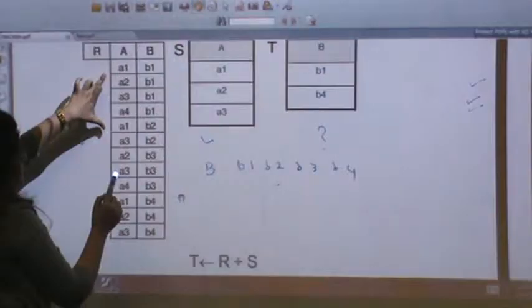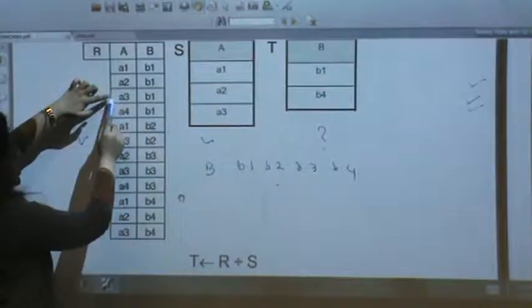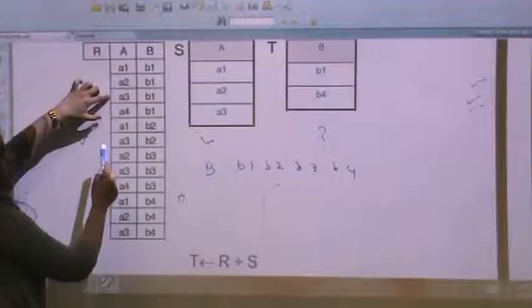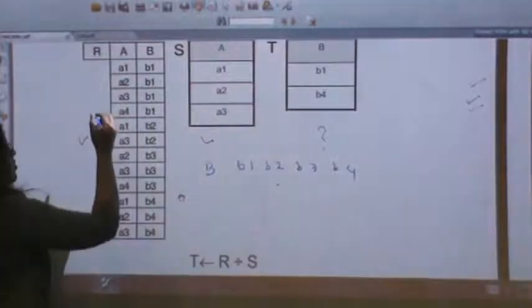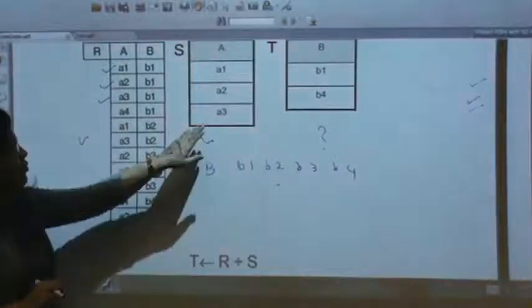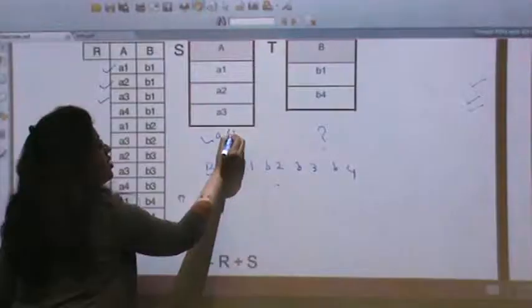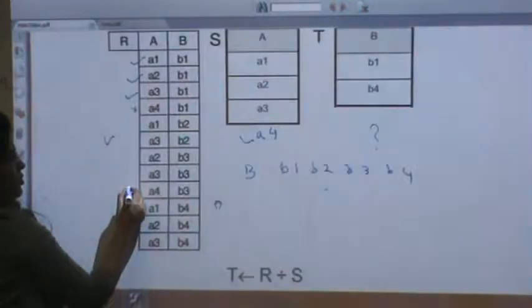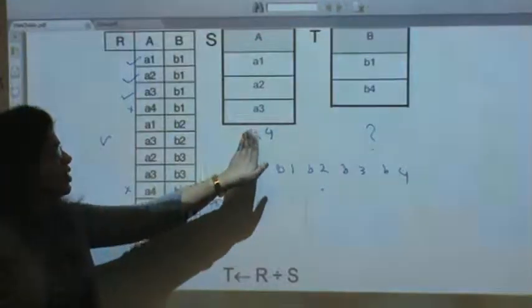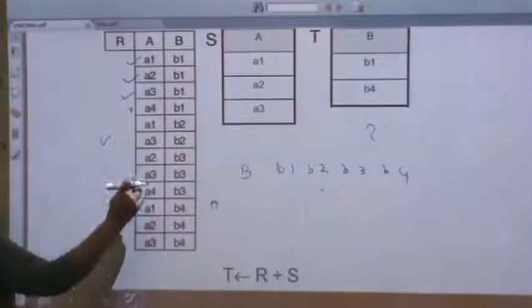A2 is also working for B1, and A3 is also working for B1. So our resulting value is B1. Because A4 for B4 is not in our S set, so it has no job. As I'm saying, S will be given, so there is no A4, right? So these two rows have no job, so don't get confused by that. Like in my case, I always mention A4 also. Then it's not required.